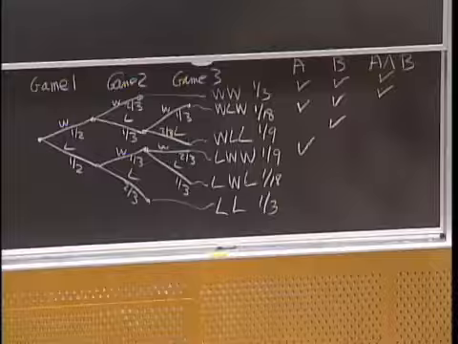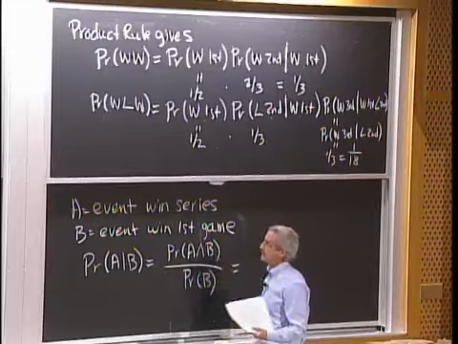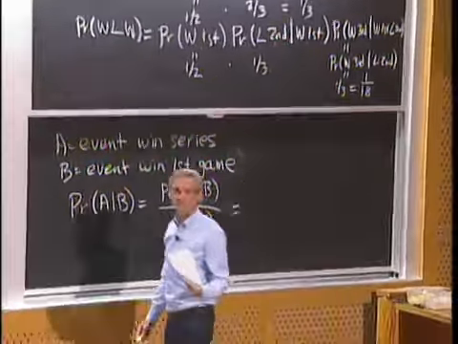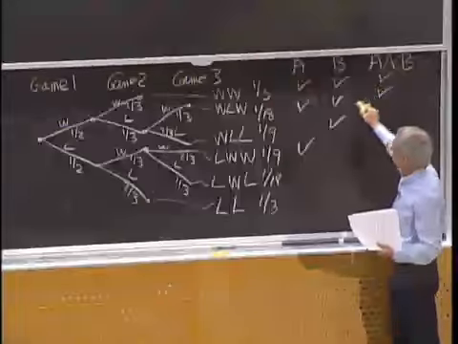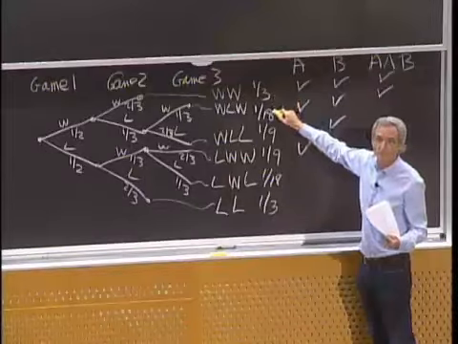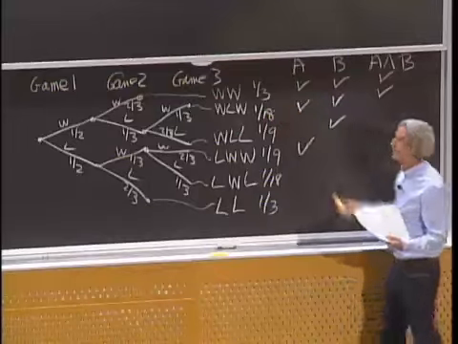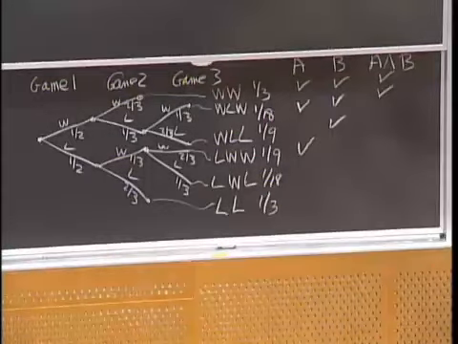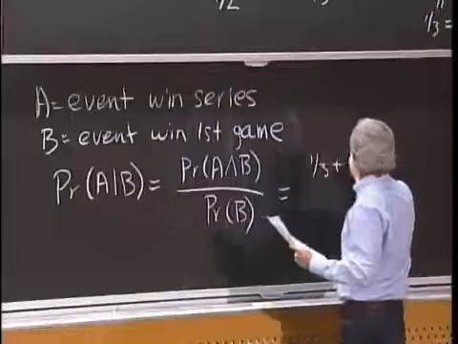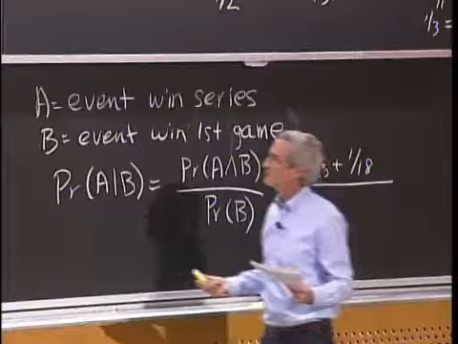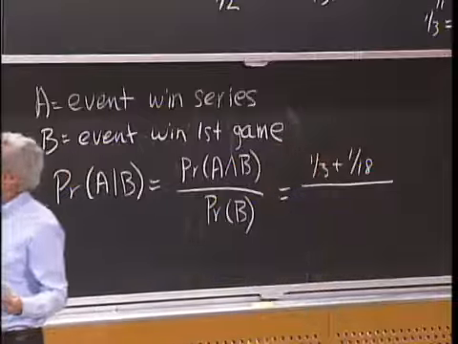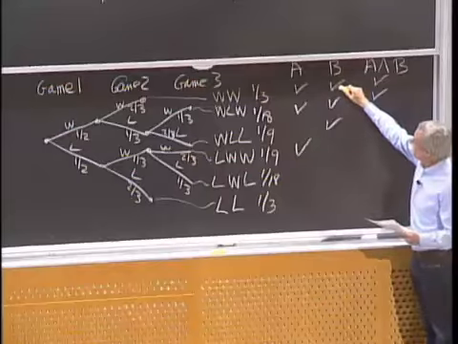So what's the probability of A and B? Seven 1/18ths, 1/3 plus 1/18th. What's the probability of B? Yeah, 1/2, 9/18ths.